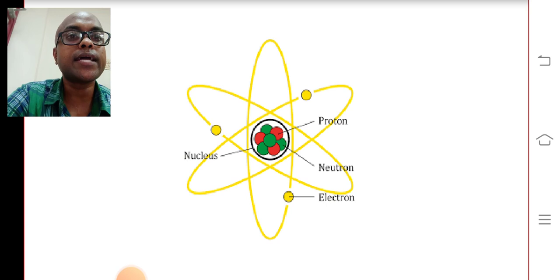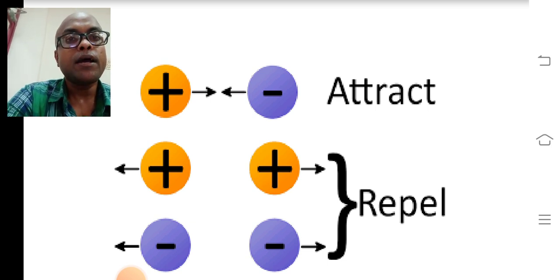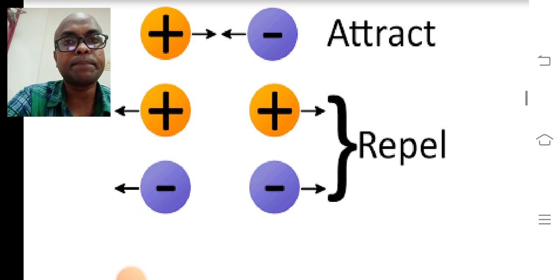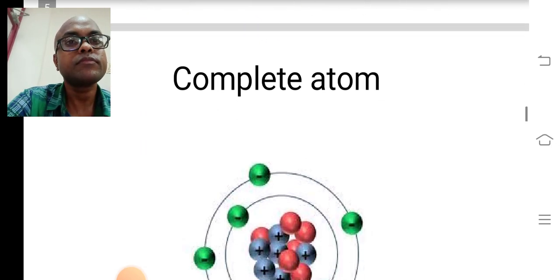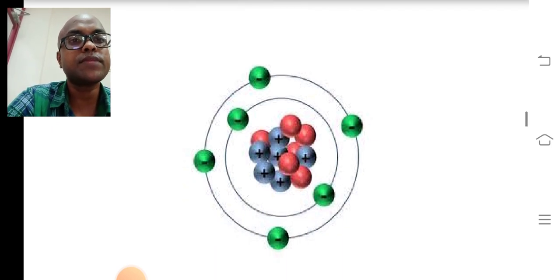The surrounding circles of electrons are called shells. The shell has electrons. Plus and minus attract. Plus and plus, or minus and minus, repel. This is the complete structure of the atom.